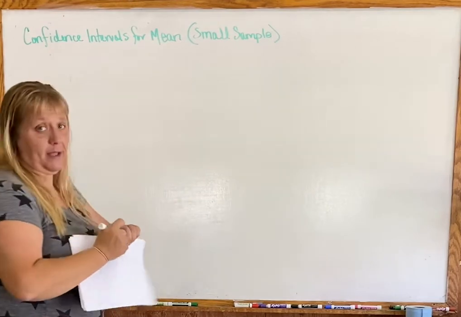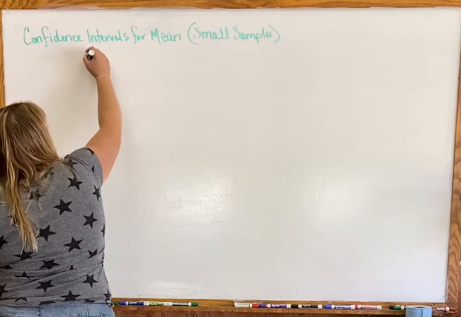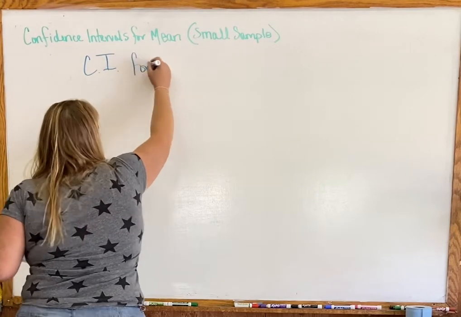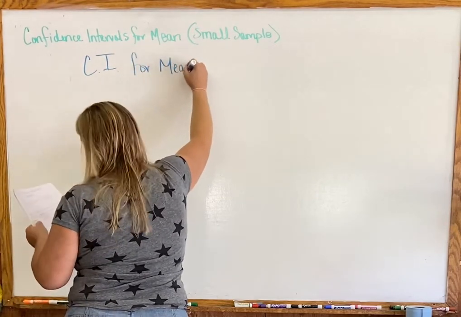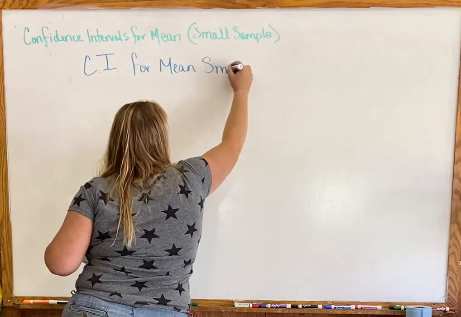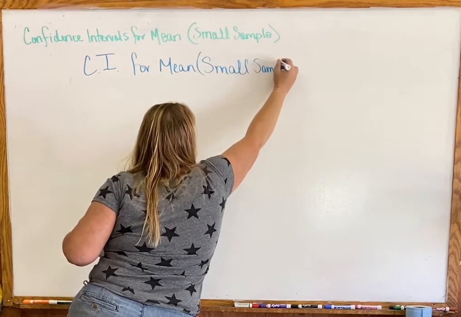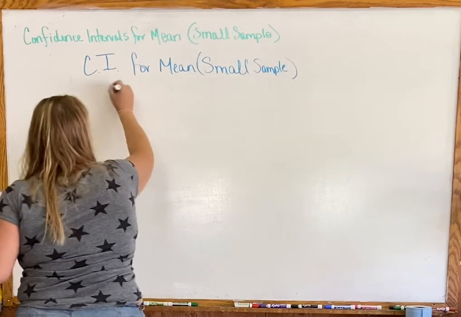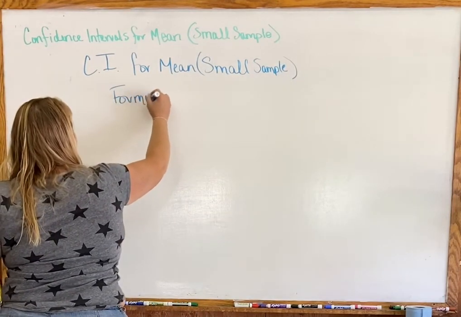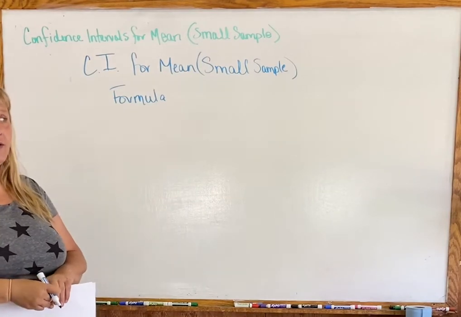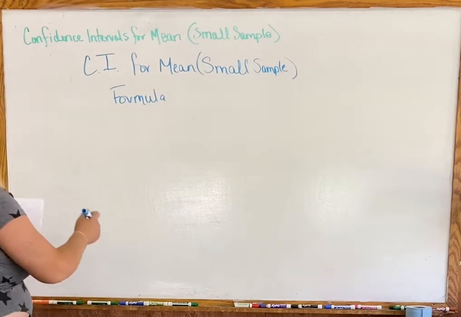So here's the formula. So confidence intervals, CI, for mean, small sample formula. Now it's going to look very similar to the last one. It's just that we're going to have a couple little changes here.